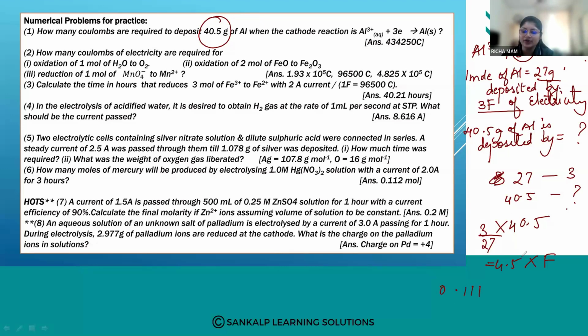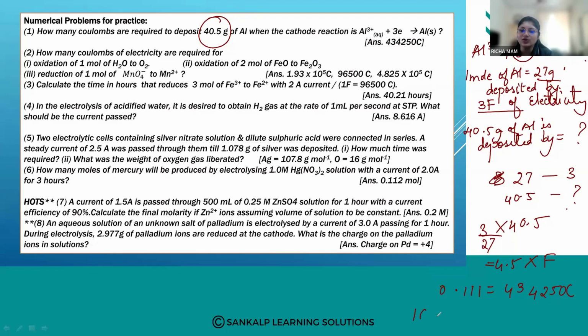Then 4.5 into 96,500 will be 434,250 coulomb. Are you getting the same?